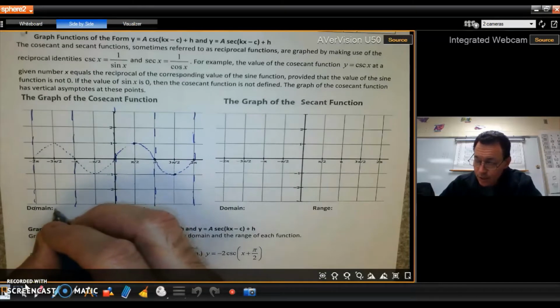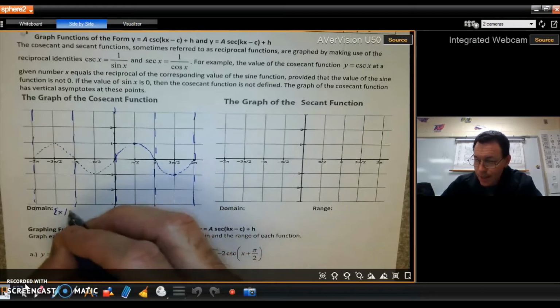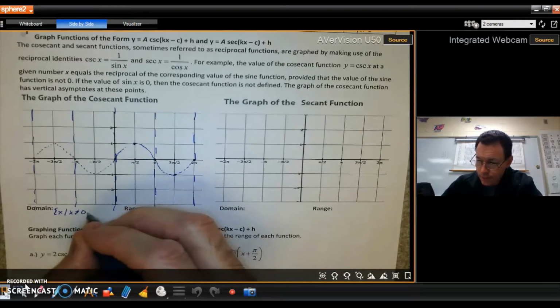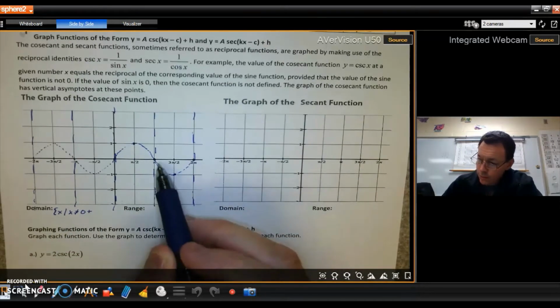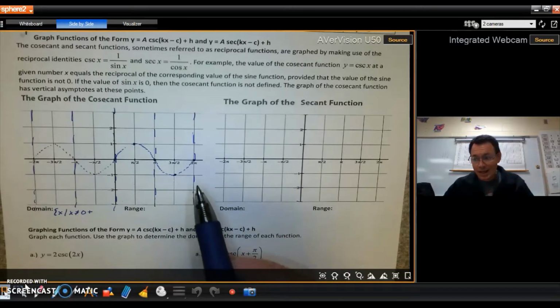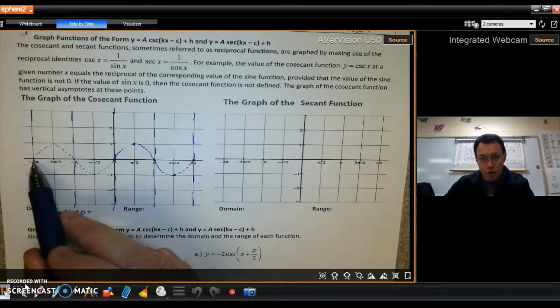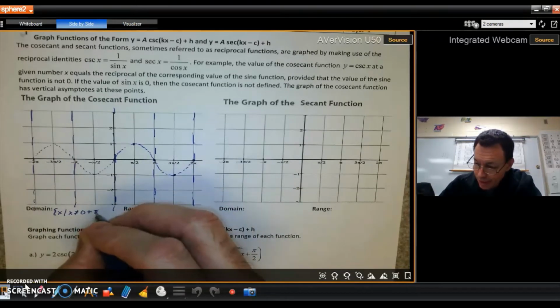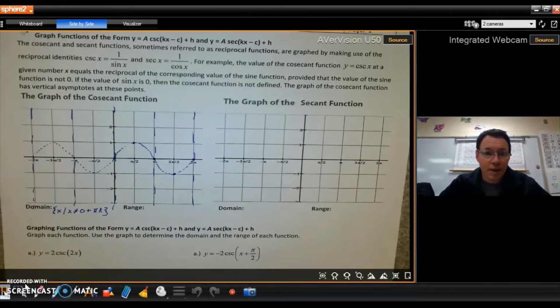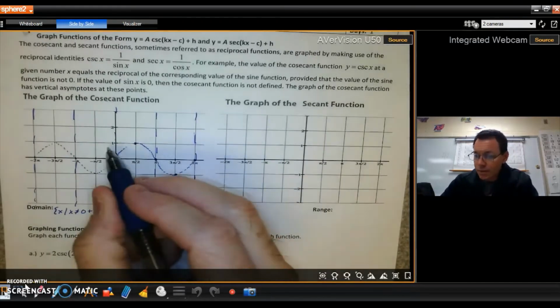It's the set of all x's such that x does not equal 0, pi, 2 pi, 3 pi, 4 pi, all those pi's, the negative pi, the negative 2 pi, any multiple of pi, so pi k, that's how we say that, is not going to be in our domain. Everything else is fine, but that's where you're going to have vertical asymptotes, so those are domain restrictions.